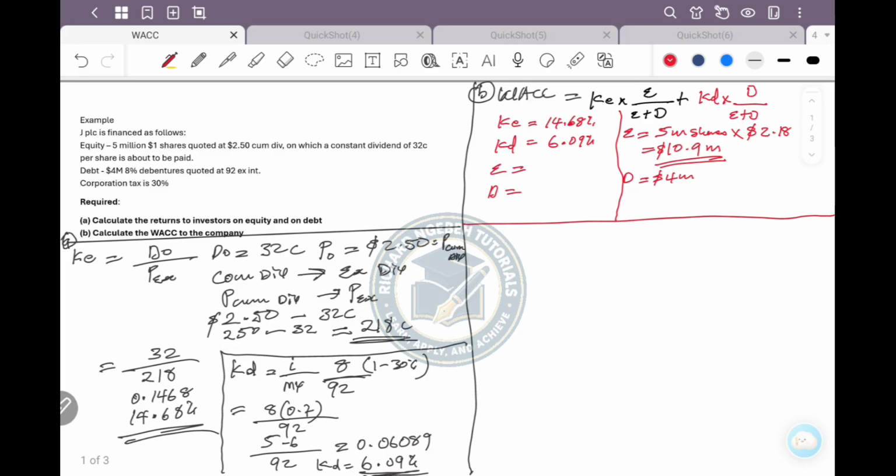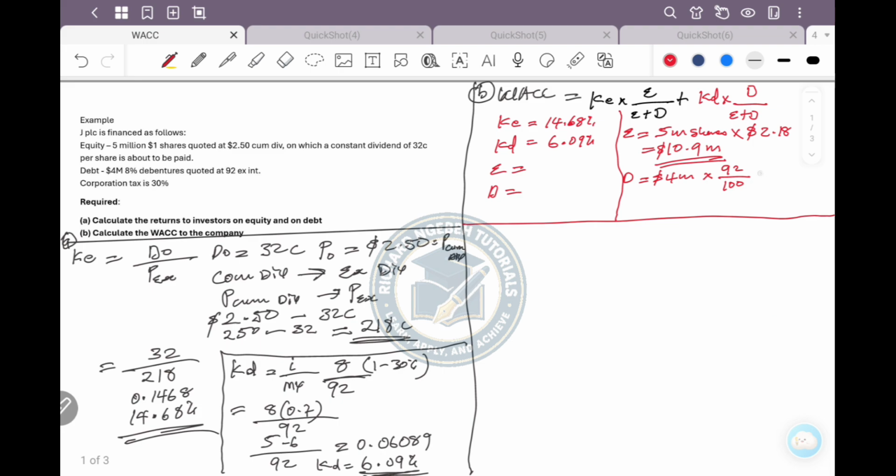Okay, our nominal value of debenture is what? $100, but this is quoted below $100. So you have to be able to know that since it is at $100, and if it is quoted below $100, it's gonna be $92 upon what? $100. This is how you have it.